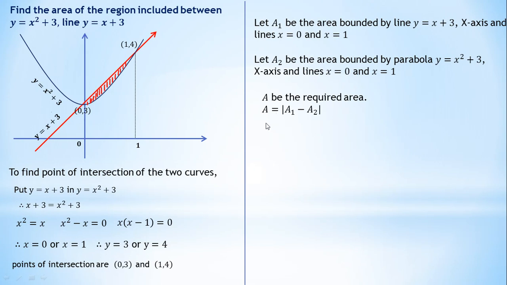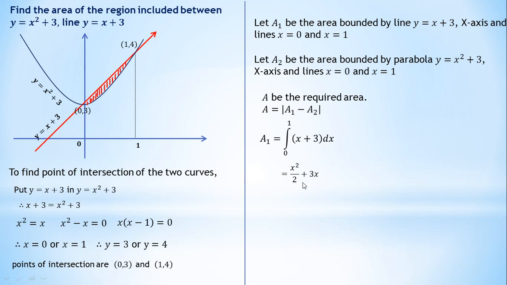Okay, now let us find out the A1 area. So A1 is equal to integration from 0 to 1 of the function y is equal to f of x. Now here what is y? y is equal to x plus 3. So it is integral of (x plus 3) dx. Now just evaluate this integration. Integration of x is x square upon 2 plus integration of 3 is 3x.